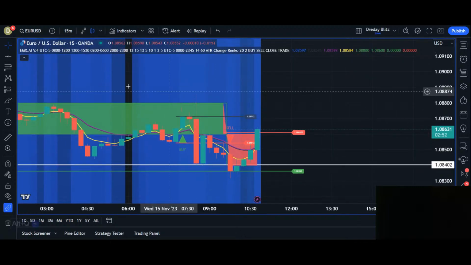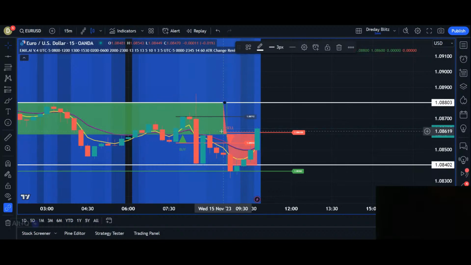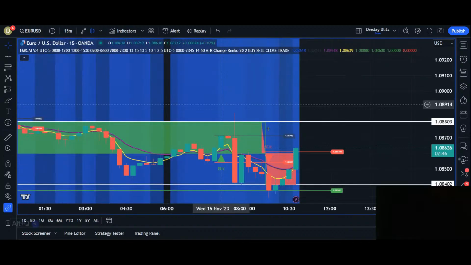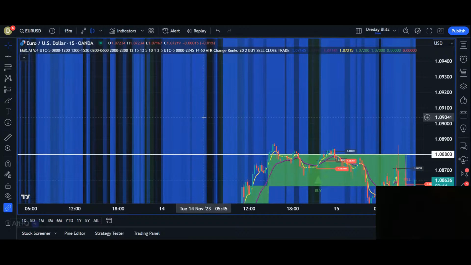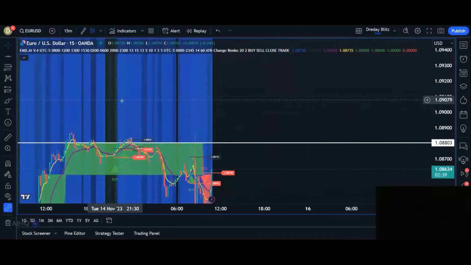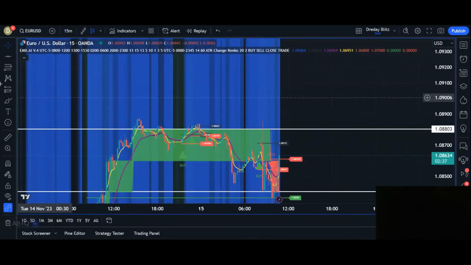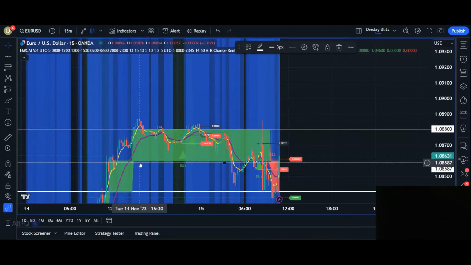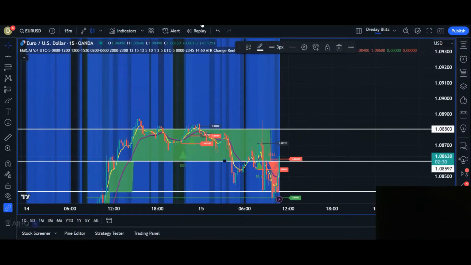Next point of interest here for the buy would be here, right? And then you just go back in the past and see exactly where we're expecting the price to go in the future. Perfect.